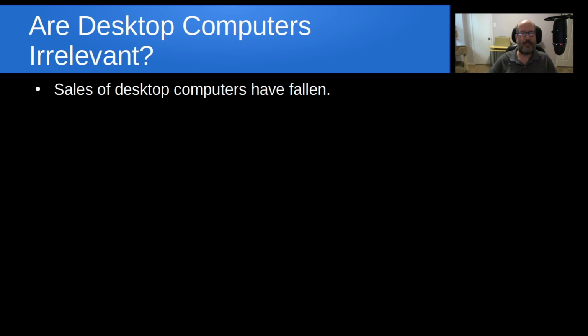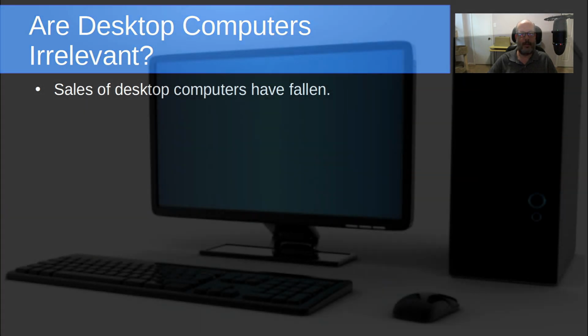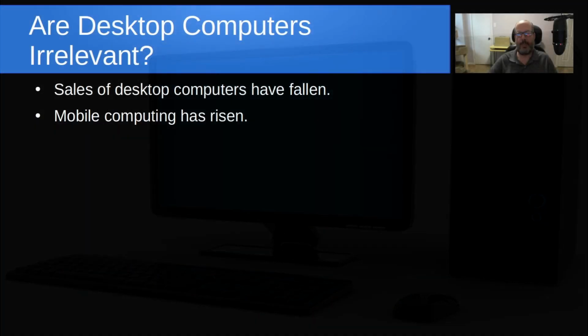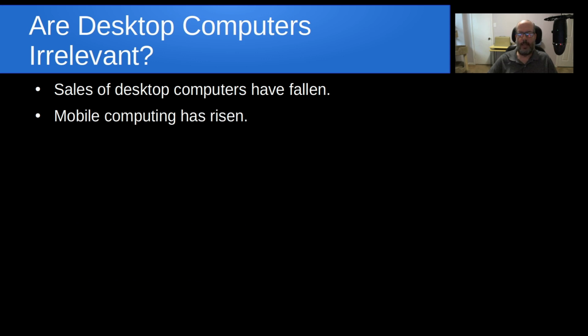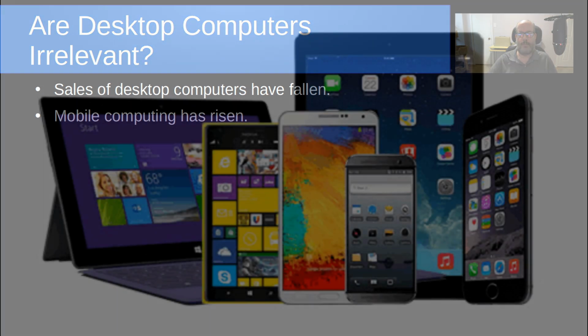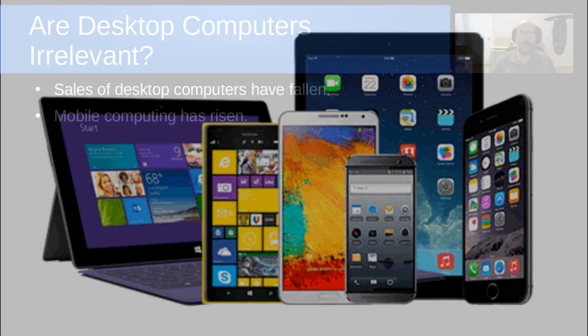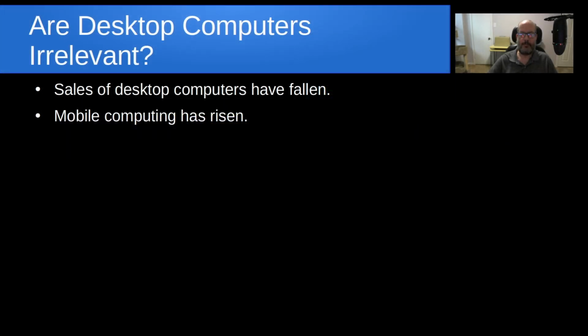And when I say desktop computers, I'm talking about those typical full towers or mid-tower type systems that have been predominant since the 1980s. So mobile computing has risen, and mobile computing, I'm going to say, are basically tablets, phones, and really even laptop computers, although arguably laptop computers give you a desktop environment or maybe even a hybrid environment.